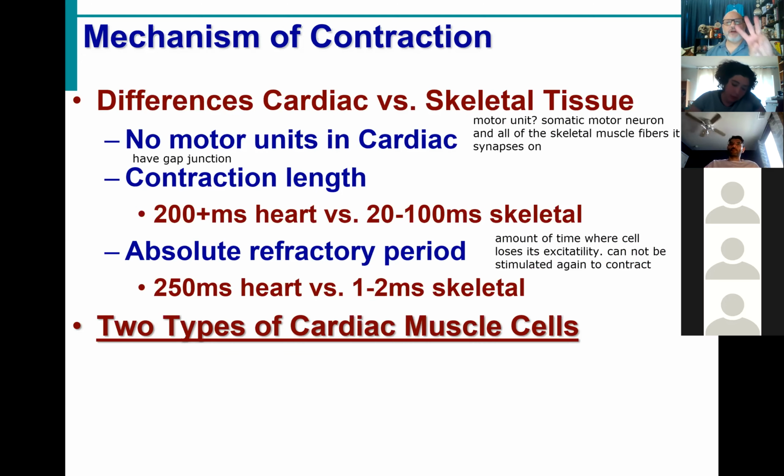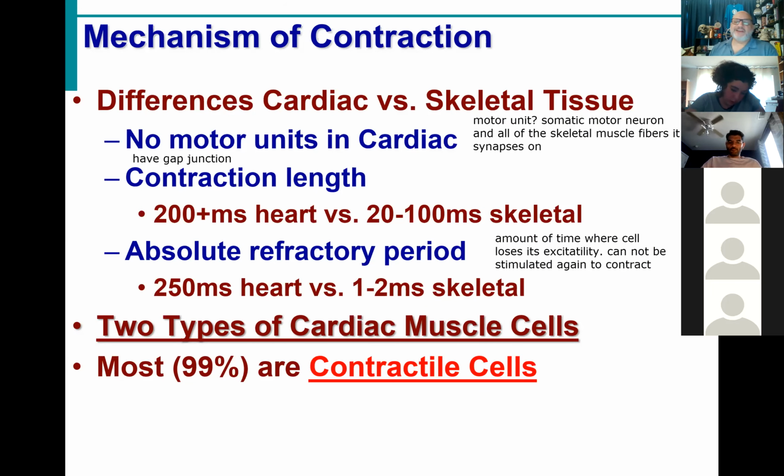And remember, there are 3 main types of skeletal muscle tissue: fast glycolytic, slow oxidative, and fast oxidative. Well, it turns out there are 2 types of cardiac muscle. The first of these, the most common type, is our contractile cells.